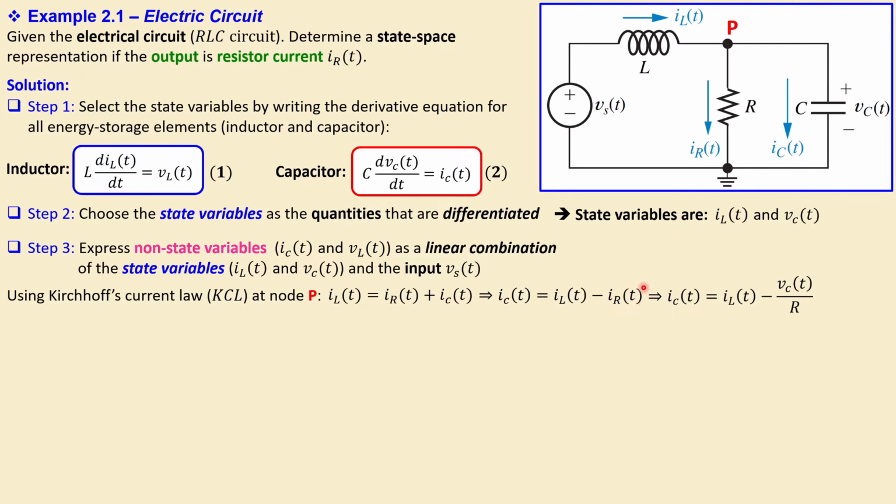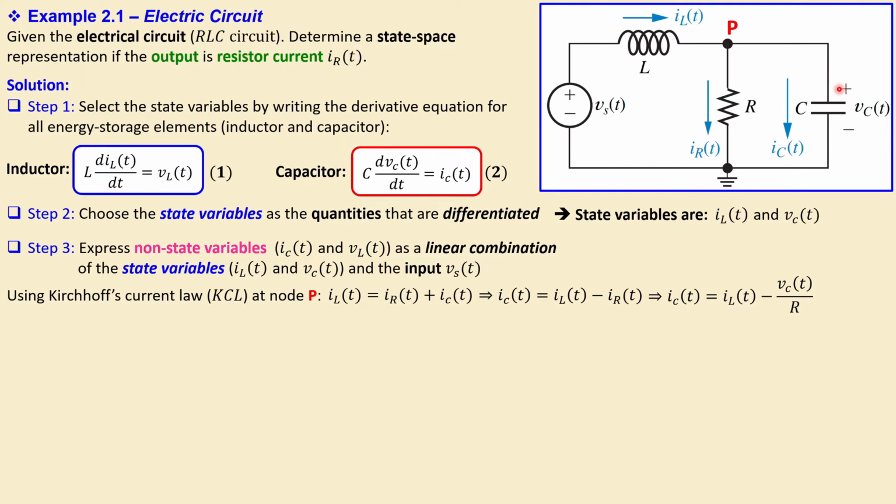So we can now replace this, and it is here. Why do I do this? Because I want to express IC in terms of the state variables, which are IL and VC. IL is already given, but not yet VC, so I need to convert this. That is shown here.